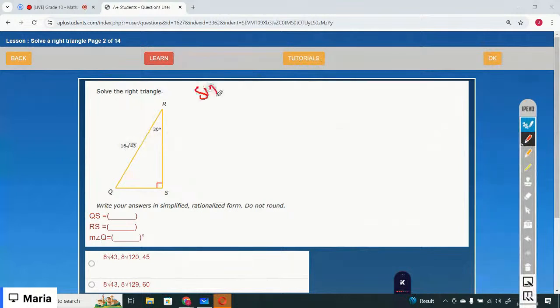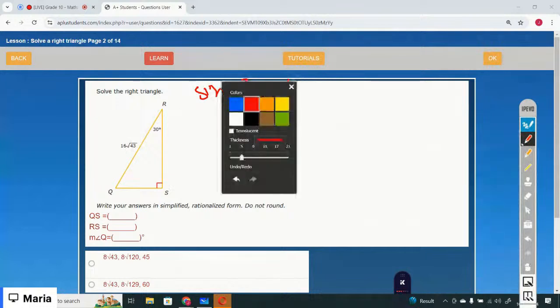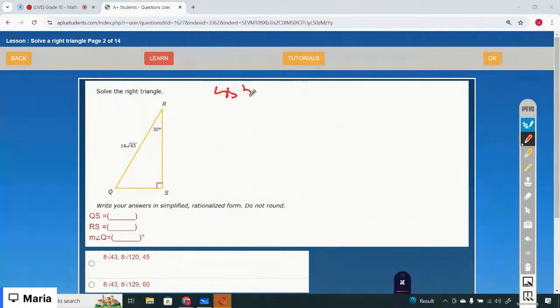Start with sine 30, right? Sine 30 equals 16. No, cos 30 will do. Cos 30 degrees equals RS divided by 16 square root 43, right? And cos 30 equals square root 3 over 2.